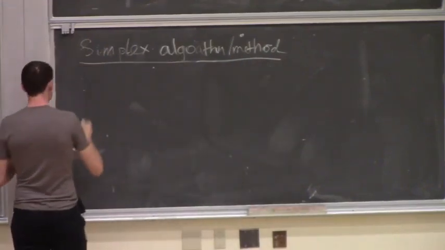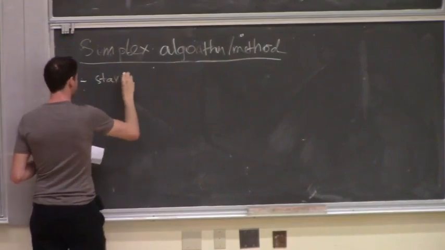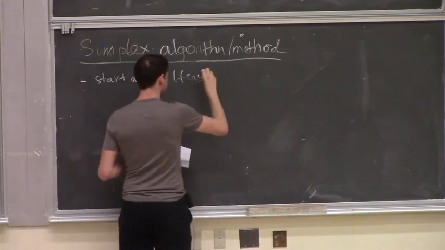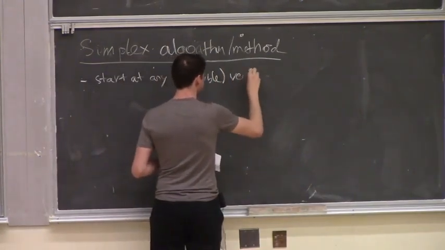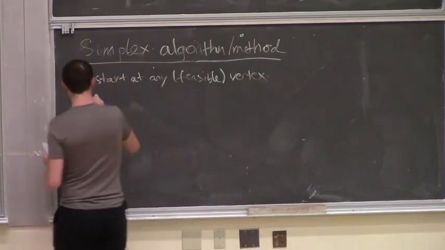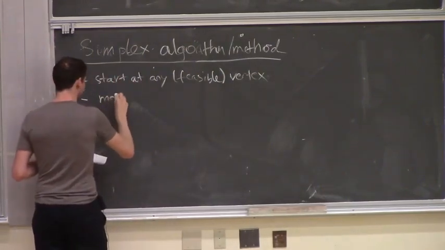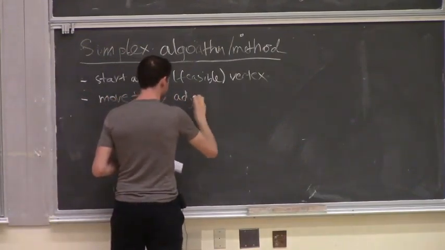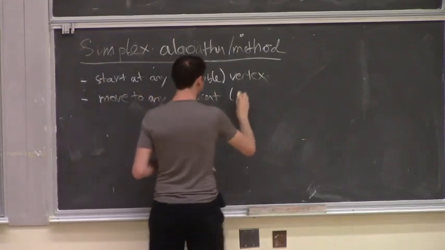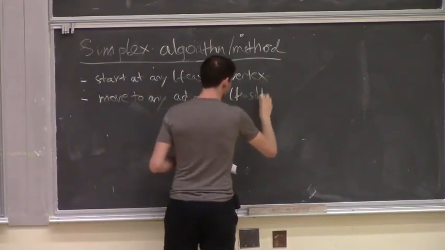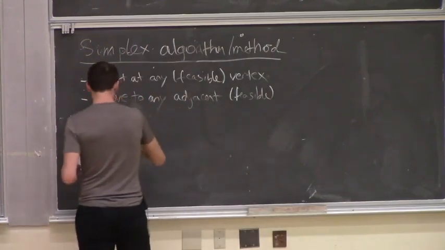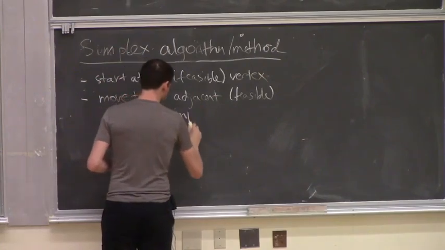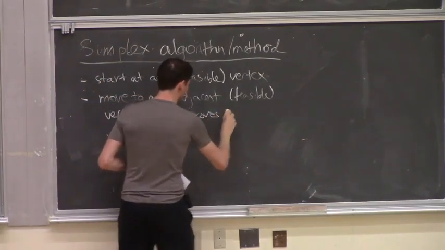So the simplex algorithm says just start at any feasible vertex. Then move to any, really doesn't matter, any adjacent vertex that improves the objective function.